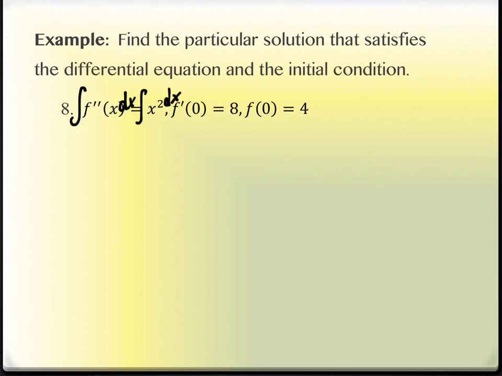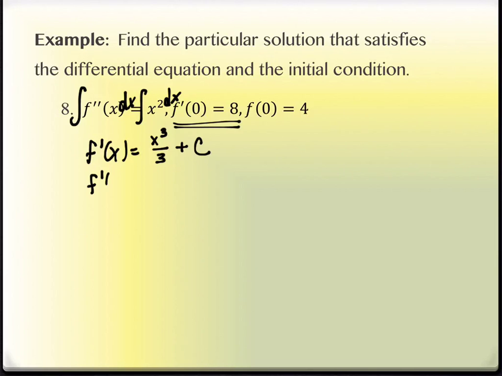At the derivative. I'm just going backwards, right? So if I started with the second, I'll go back to the first. What's the antiderivative of x squared? Yeah, x cubed over 3 plus c. And they give us a fantastic piece of information here that says that f prime of 0 equals 8.